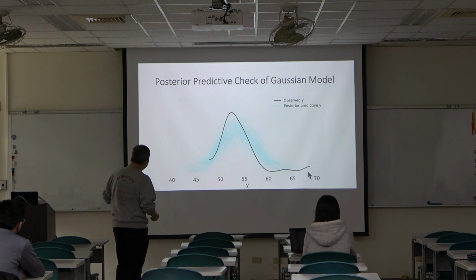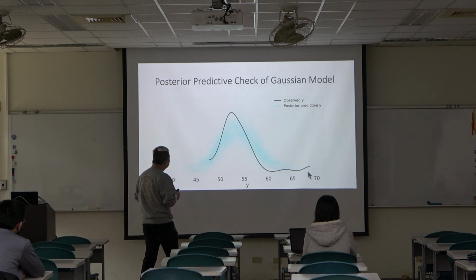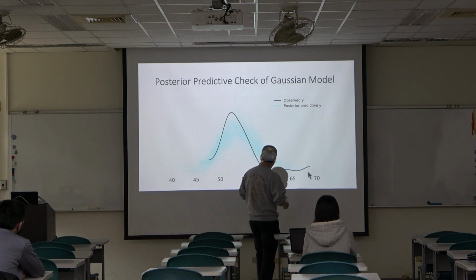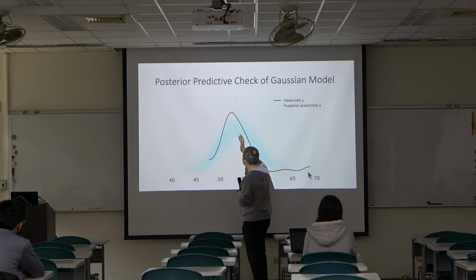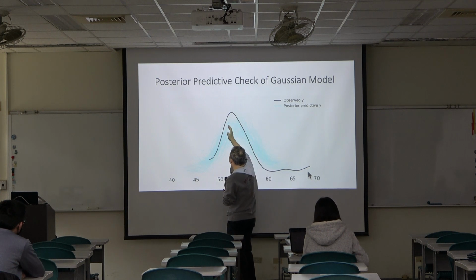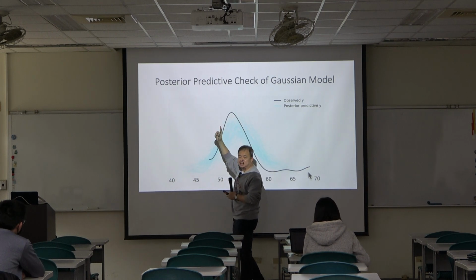Okay. First things first, if you look at this a little bit closely, you would find that the center, probably I shouldn't use center, I should use mode. The mode of the real data is here, the highest point is here.